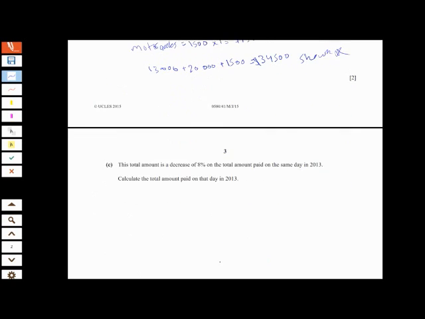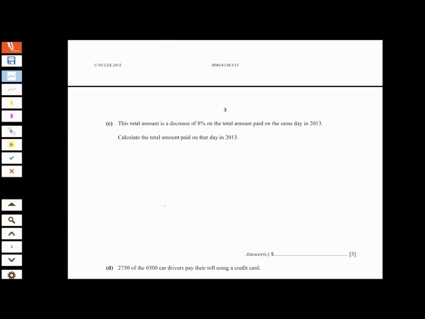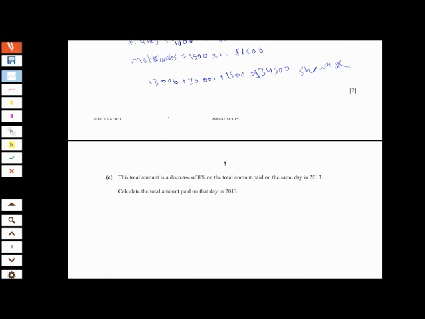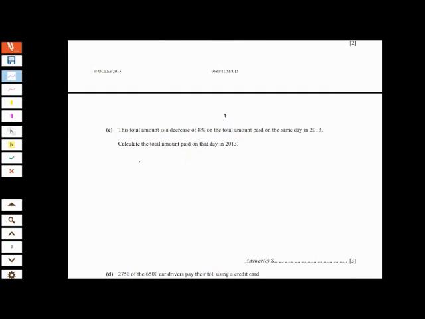Alright, this total amount is a decrease of 8% on the total amount paid on the same day in 2013. Calculate the total amount paid on that day in 2013. So basically, they said that this total amount, which is 34,500, is a decrease of 8%. So in other words, it's 92%. So 34,500 is 92%.